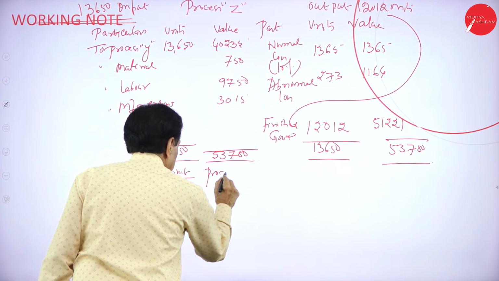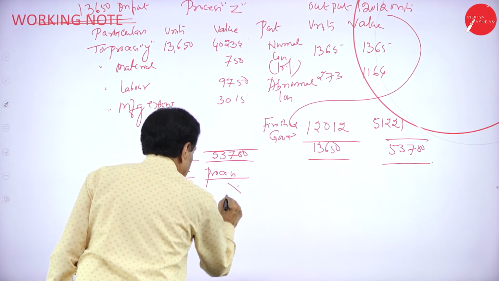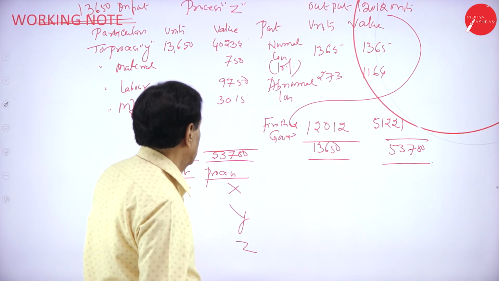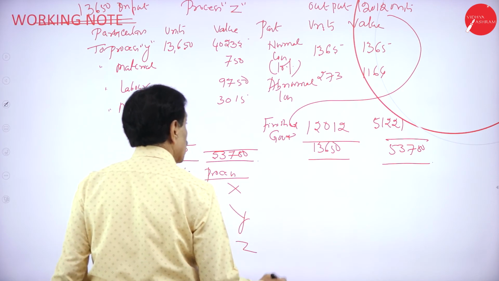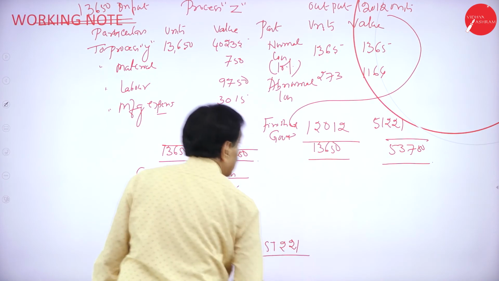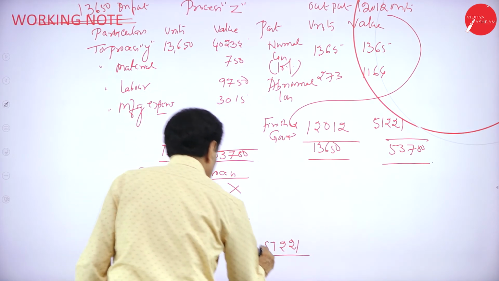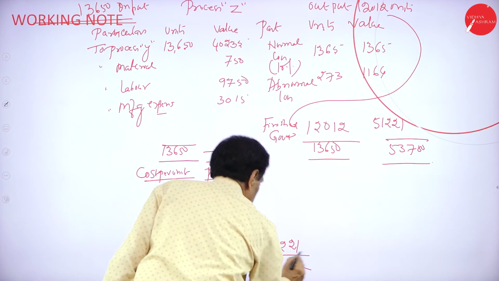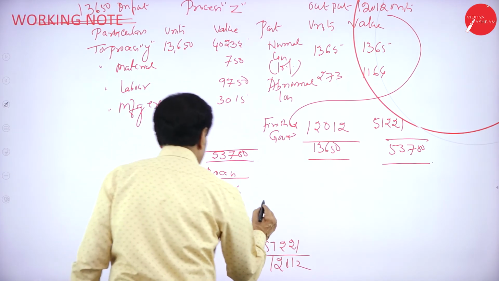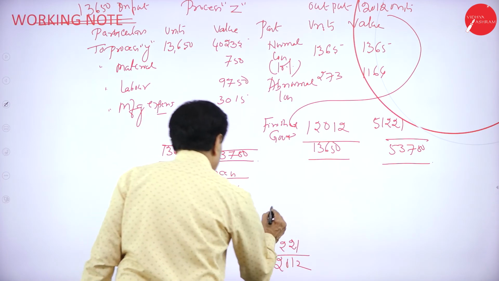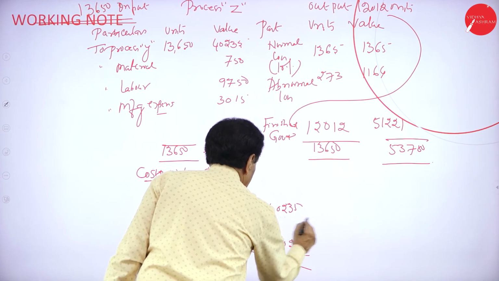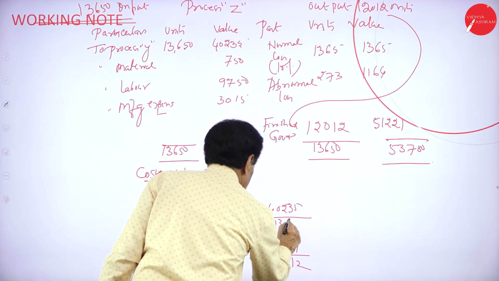Process X, Y, Z. We'll go one by one. So process Z: 51,221 divided by your output, 12,012. This goes in favor of process Y: 13,650, 40,235 divided by 13,650.